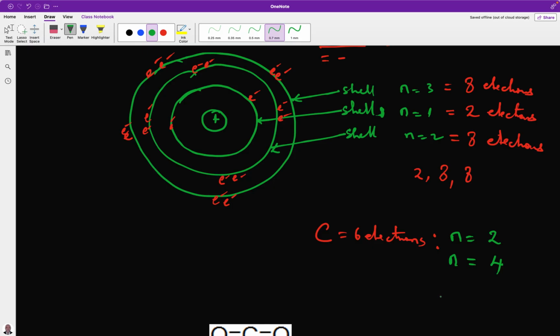If we arrange the electrons in order, it will be 2, 4.